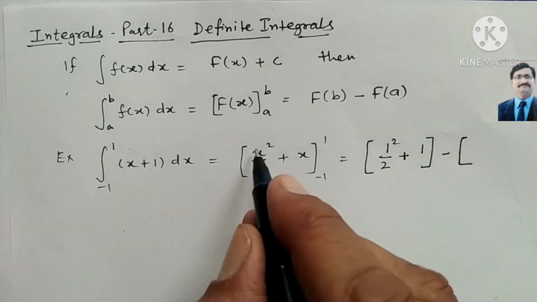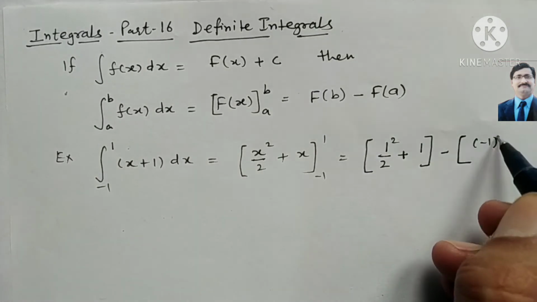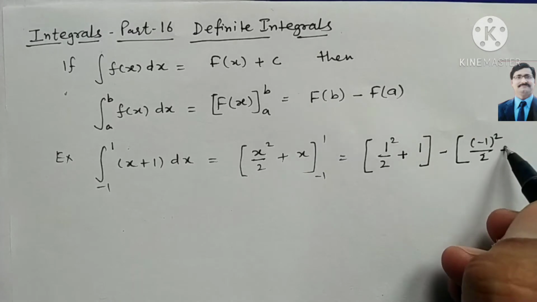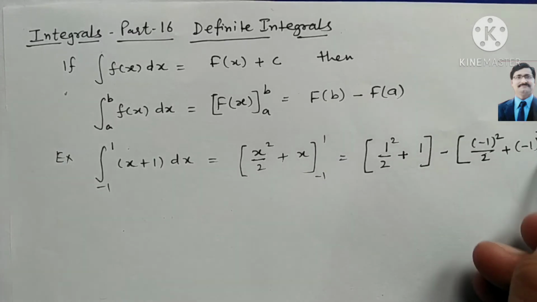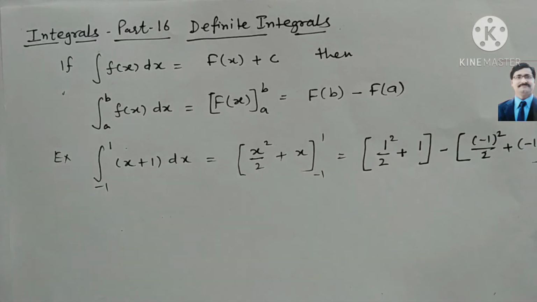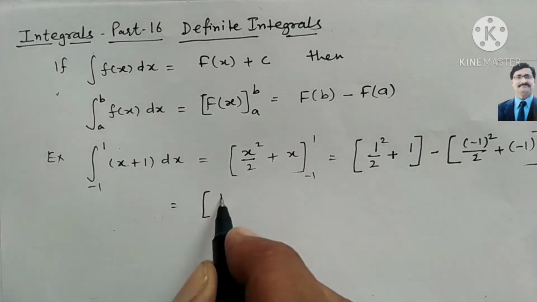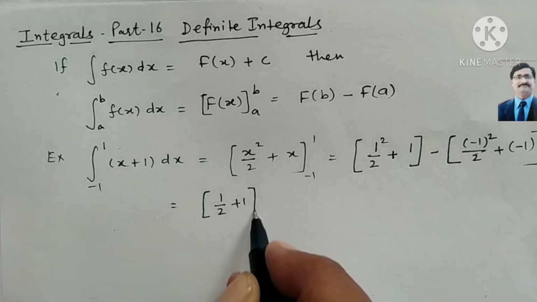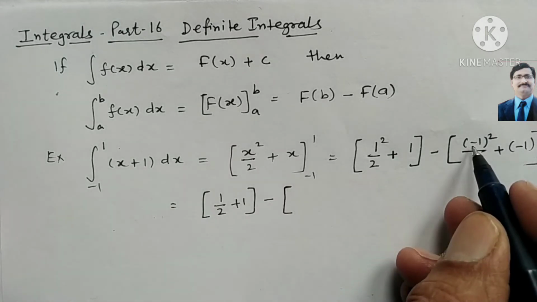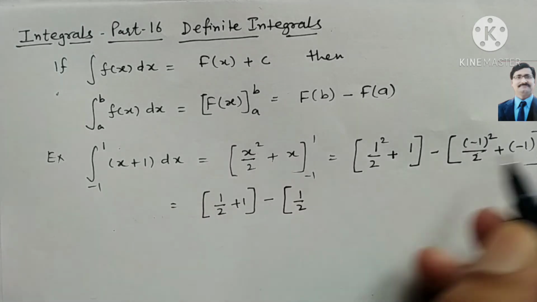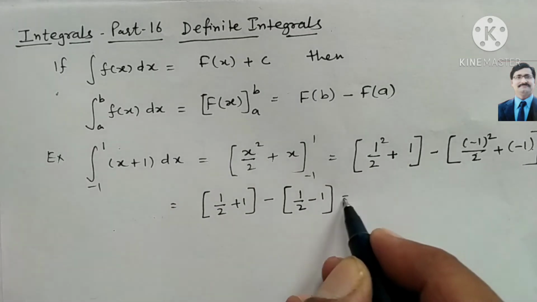Now in place of x we put minus 1, so minus 1 square upon 2 plus minus 1. Okay, this we have to solve, so we get 1 square is 1 upon 2 plus 1, and minus, here minus 1 square is 1 upon 2, and this is minus 1.